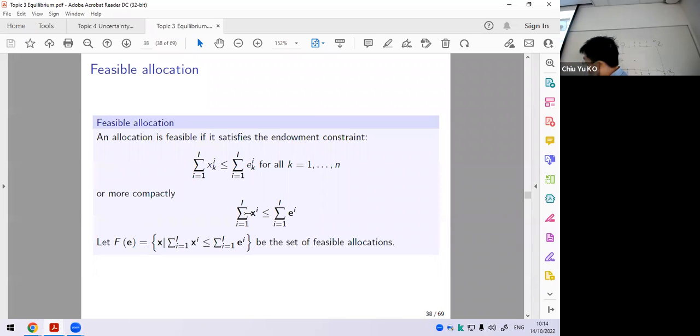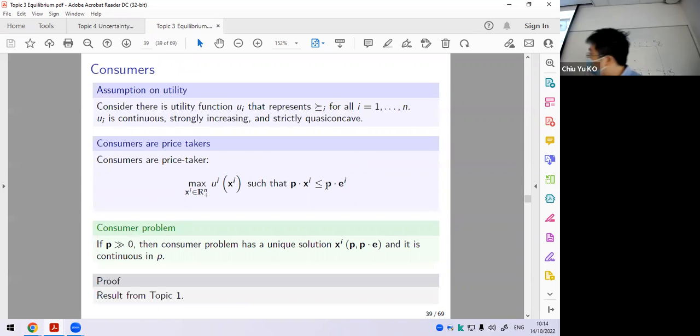So this is the graph. For the utility, we assume it is continuous, strongly increasing, and concave, so the more the better. And in this model, we assume price takers, because we just learned how to do the consumer problem as a price taker, so that is a natural assumption.